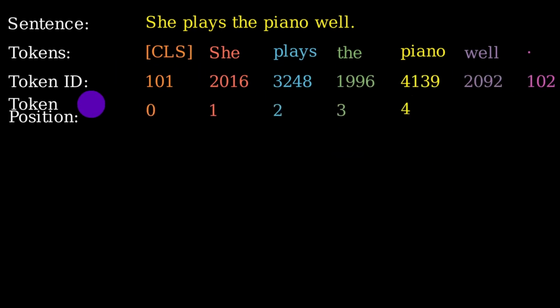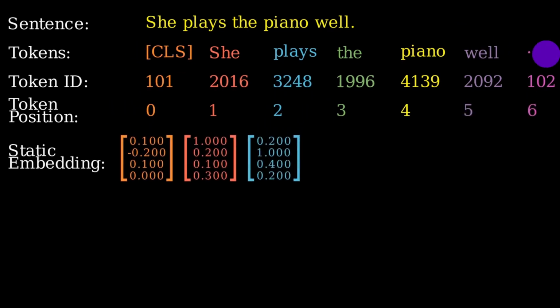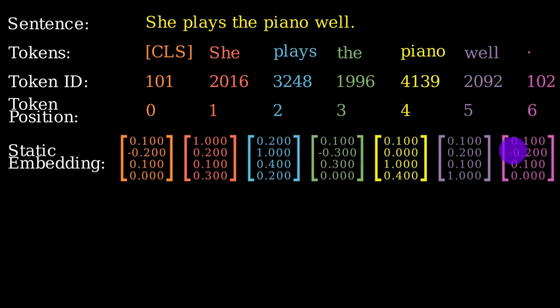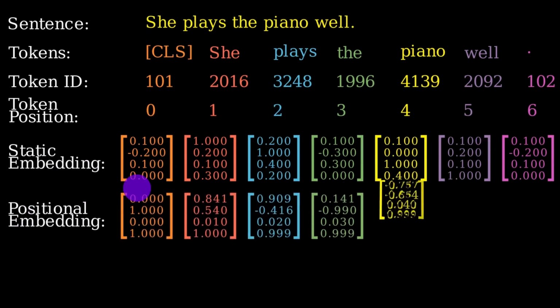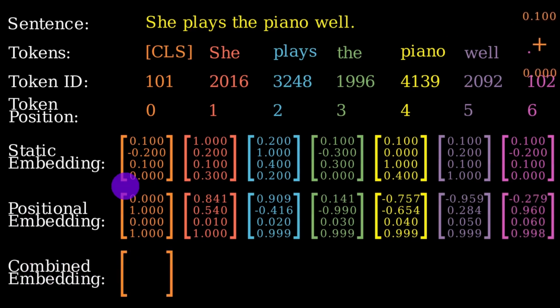Next, we have the token position. In this case, we are using CLS and the dot as tokens as well. In static embedding, it's assigning high dimensional vectors. In positional embedding, we'll have the position encoding done. And later in the combined embedding, for each of these, we will be adding them and putting them as a combined embedding.